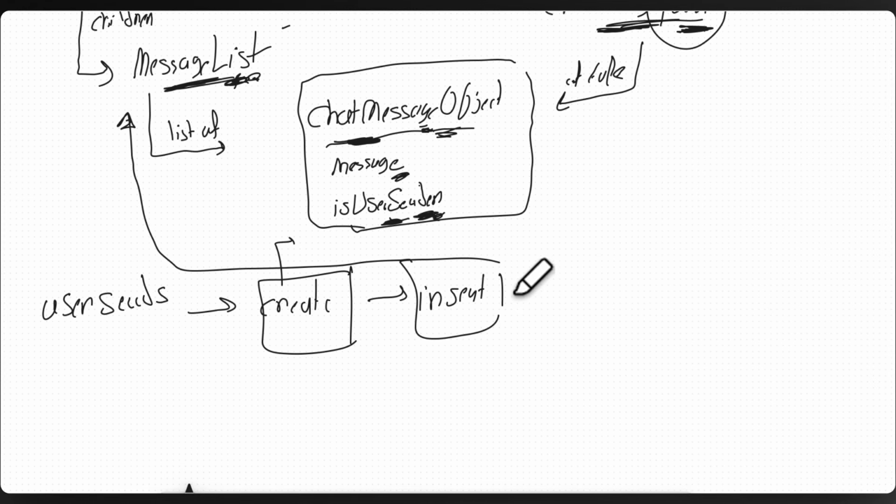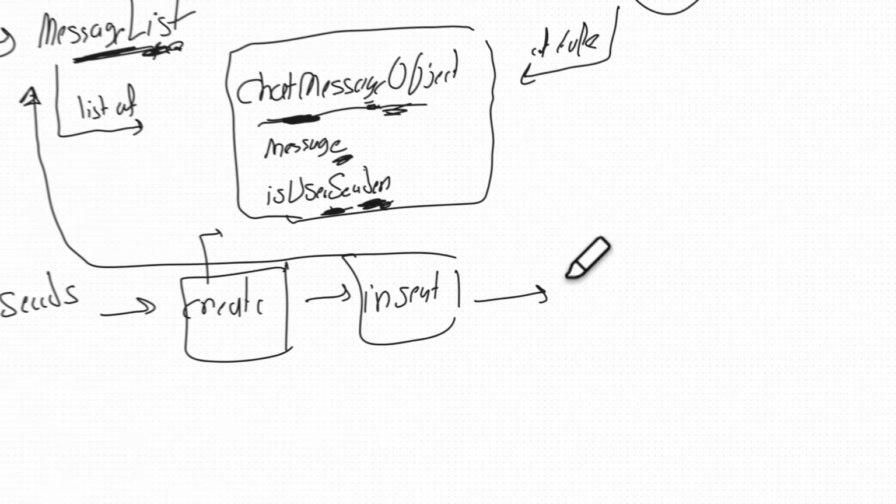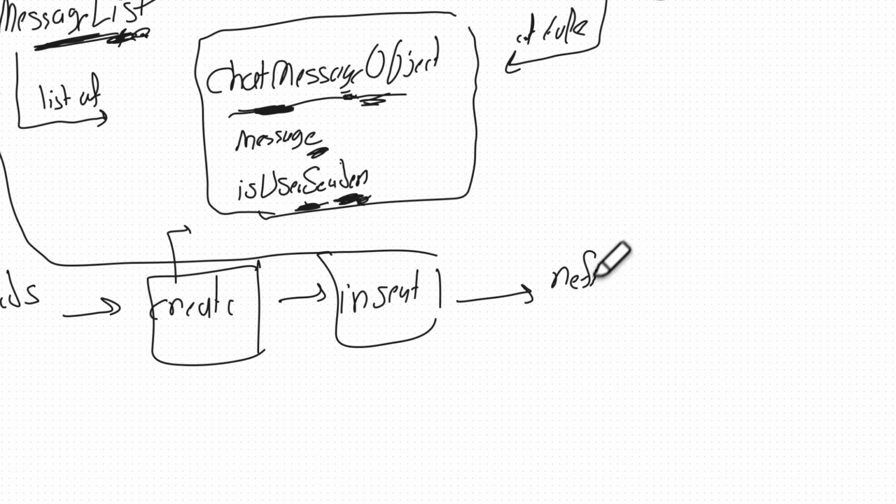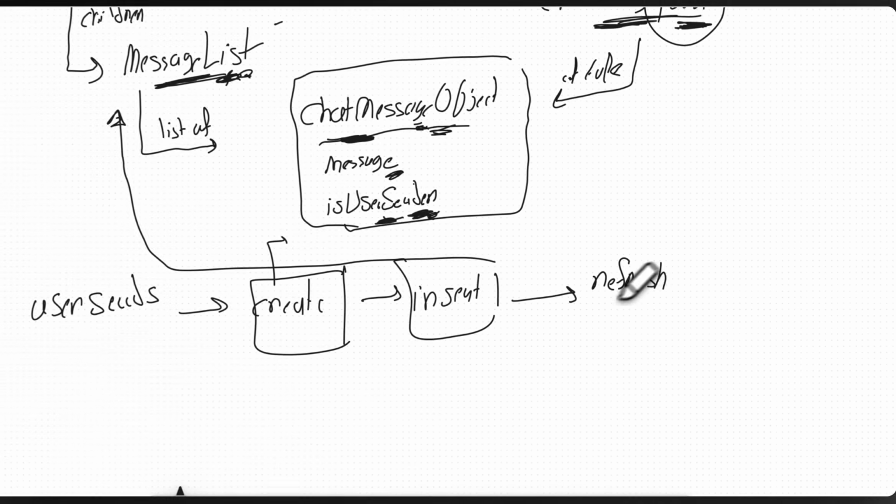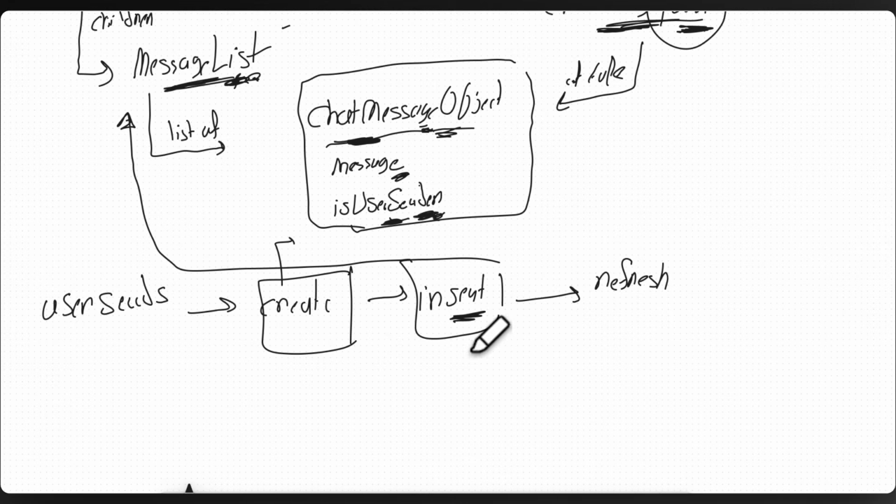And then we ask the UI to refresh. And remember, we insert the object at index number 0, so it's rendered as the first item in the list, and we also flip the list, as you remember. So this is the finished scenario when the user sends a message.